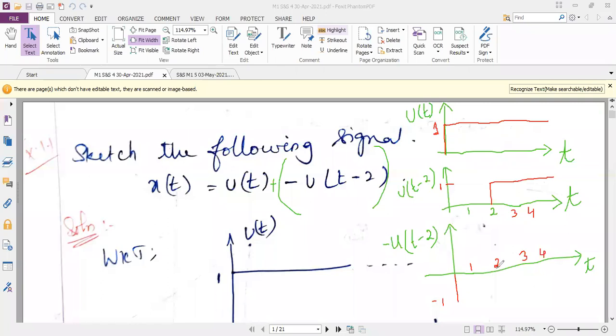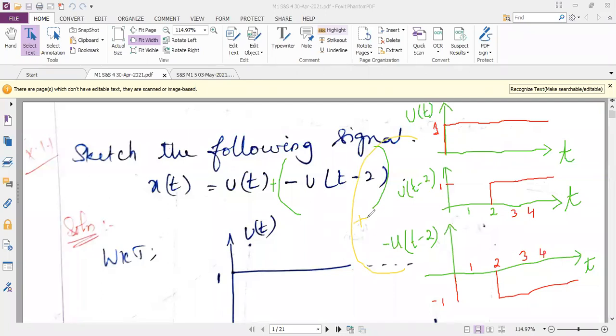Negative. Now you see whether my diagram is correct. Is it correct now? My diagram is correct. Yes, ma'am. Okay. So now, as per the question, I should add my first diagram and the third diagram. I should add both.